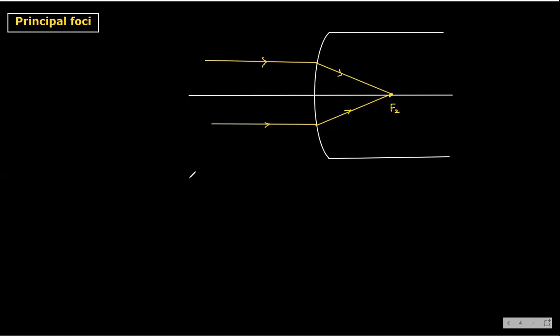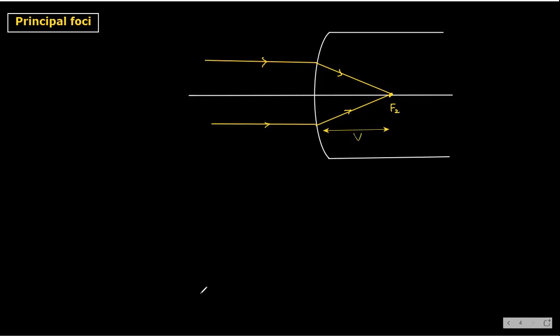Now, what this diagram indicates, see here, these rays are coming from infinity. Means source is somewhere at infinity, and this is the image of that source where you are getting at F2. So can I write it as v? v means image distance.